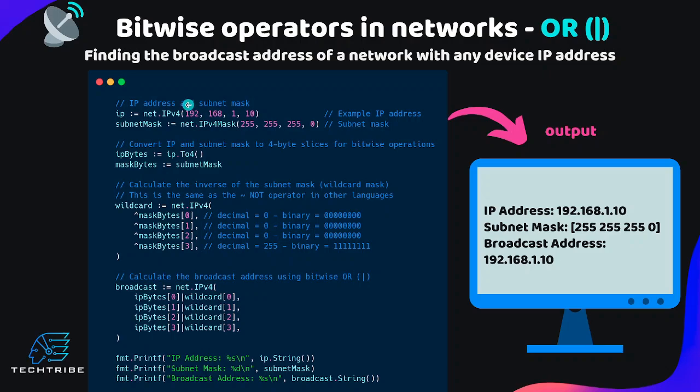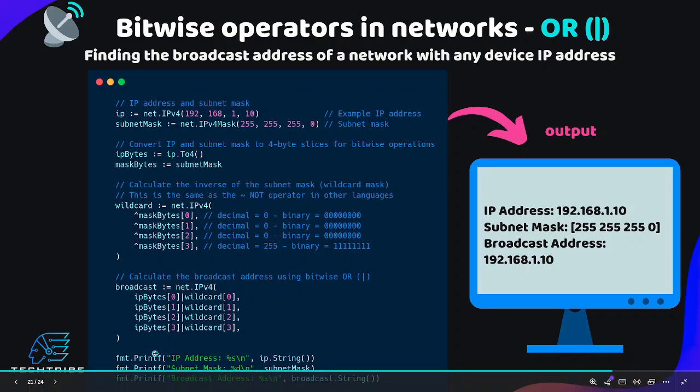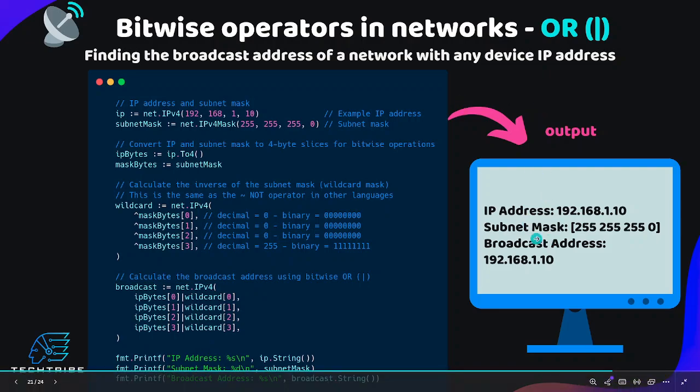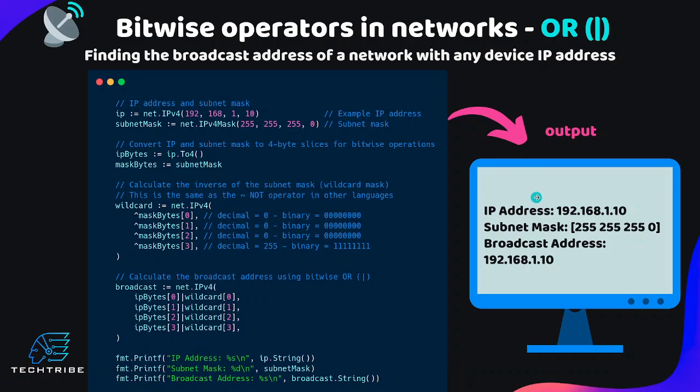We get the first value, we then perform an OR operation with this value right here, and we do all of that with each of our octets. And right here I'm printing the result so we can see what happened. And this will be the result by the end of this operation. You can test it on your machine if you want to, and that's how you get the broadcast address of a device.